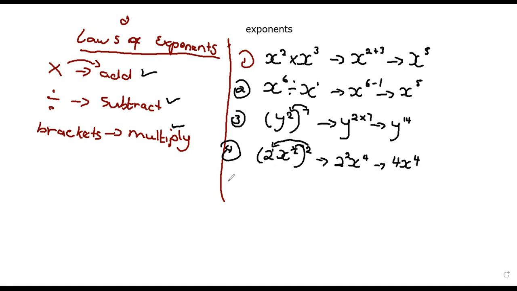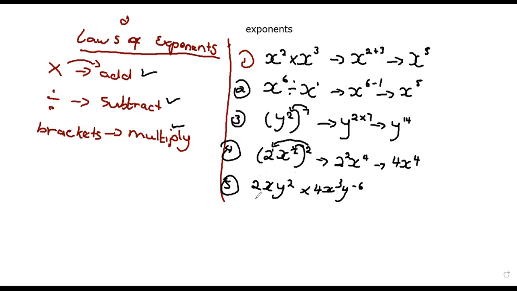All right, the last one which I'd like us to bear in mind. Let's say you're given 2xy squared multiplied by 4x to exponent 3, y to exponent negative 6.